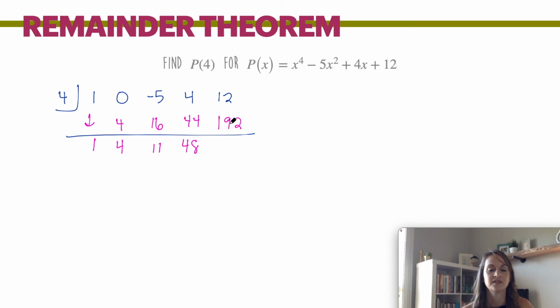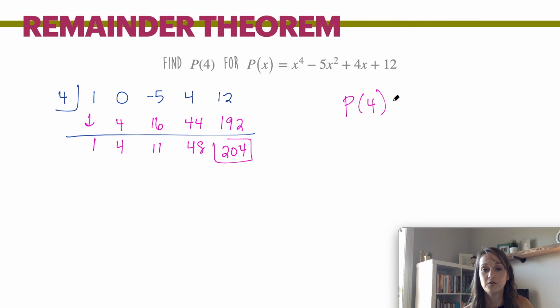Oh, dang it. 44 and 4 will give me 48. 48 times 4 will give me 192. And 12 and 192 will give me 204. So therefore, P of 4, if I plug 4 into this equation, I will get 204.